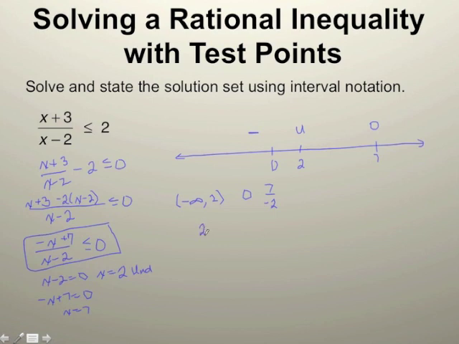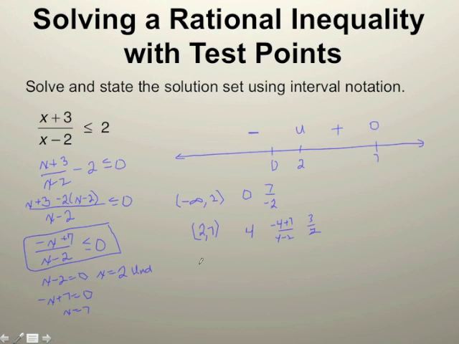Now we have to check between 2 and 7, something here, and we can choose whatever we want. Say we choose 4. So that's going to give me negative 4 plus 7 over 4 minus 2, or 3 halves, and that's positive.